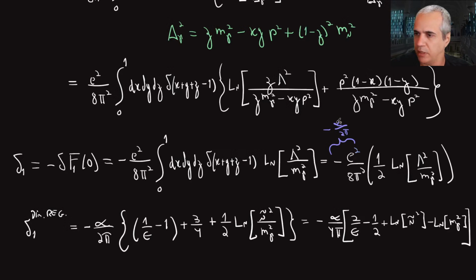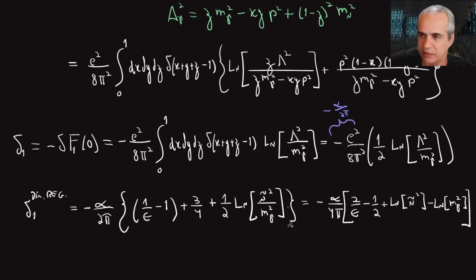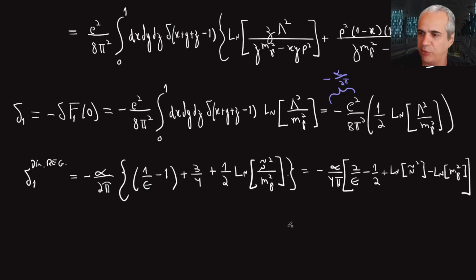And you see this is the same with this half here, the same minus alpha over 4 pi. So again, we are getting that dictionary between the 1 over epsilon divergence in dimensional regularization and the log divergence in Pauli-Villars. I'm just seeing this comparison right here.